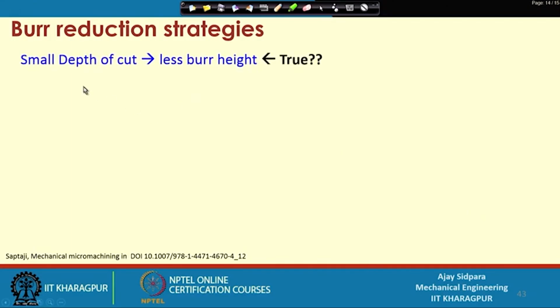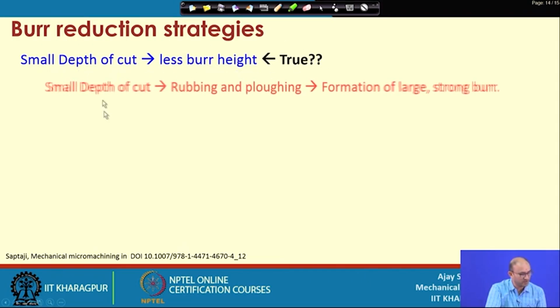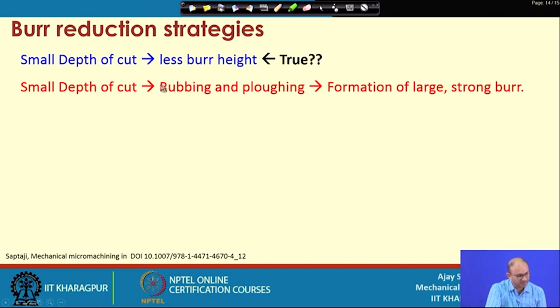In this case, if you understand from the earlier slide that if your depth of cut is small, there is a chance that you will get less height in the burr. But that is mostly not true here, because by changing the depth of cut we get some type of rubbing and plowing mechanism, since we have to scale this depth of cut with respect to the cutting edge radius.